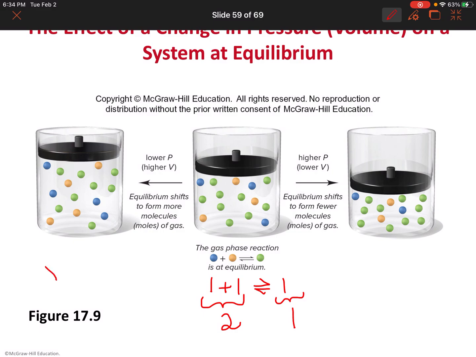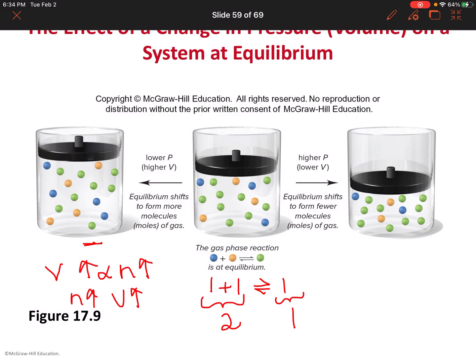As the number of moles increases, volume increases. Volume increases with the number of moles, right? They are directly proportional. Similarly, now we increase the volume here. Now what happened when you increase the volume?